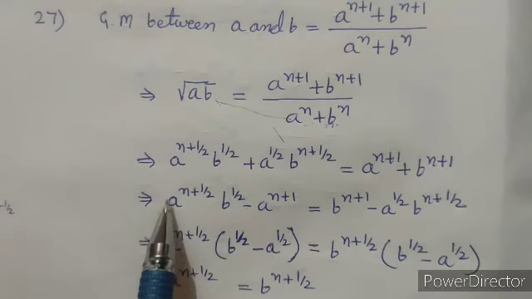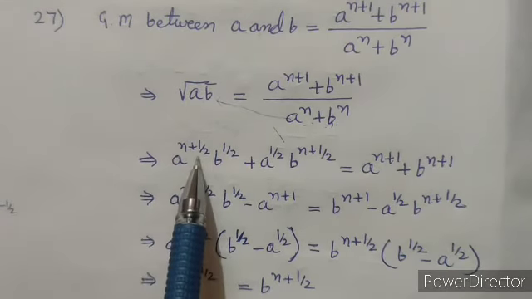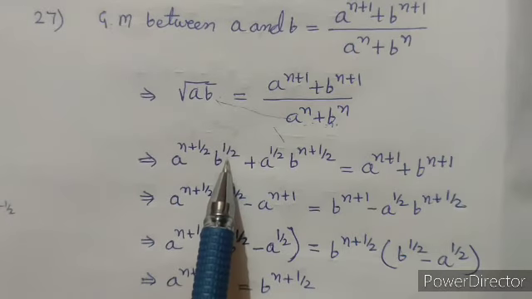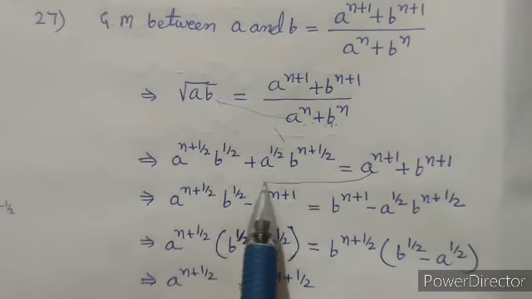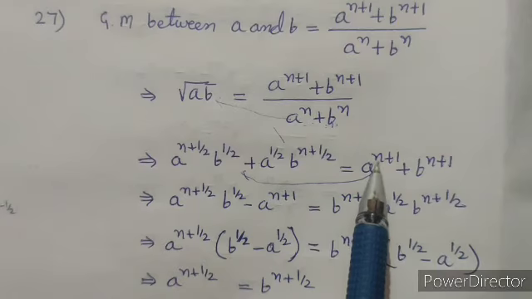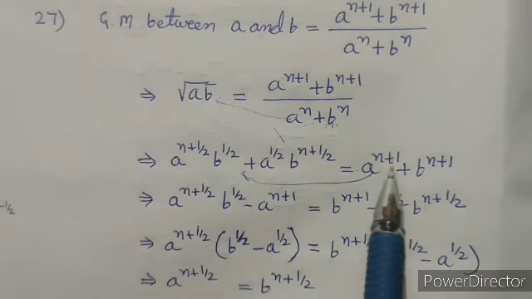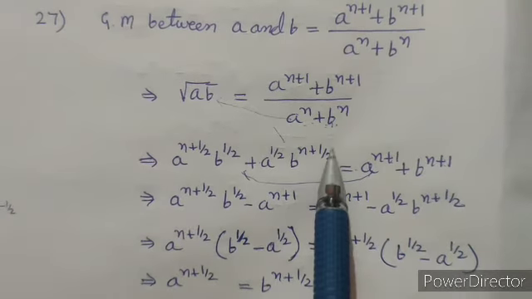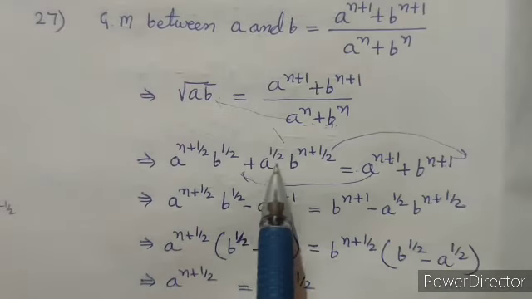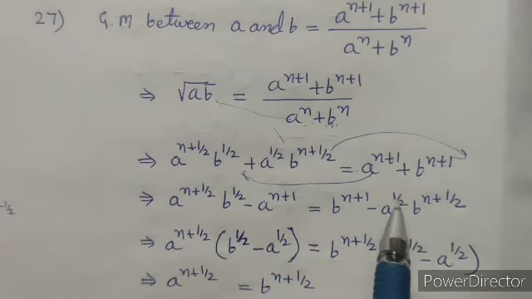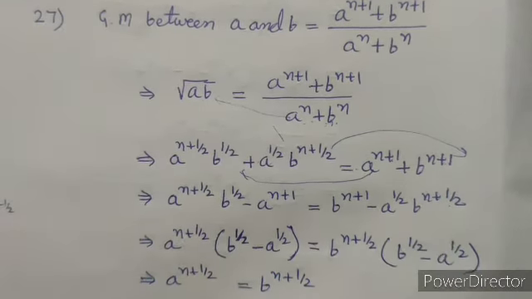Now, this will give us a^(n+2) b^(1/2) − a^(n+1) = b^(n+1) − a^(1/2) b^(n+1/2).